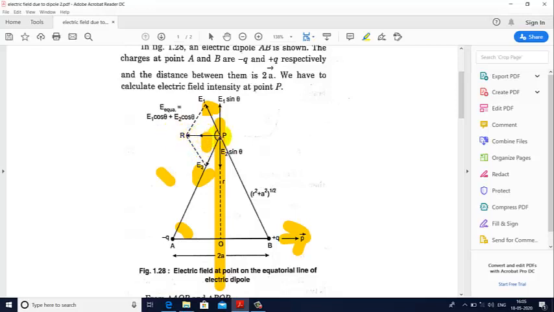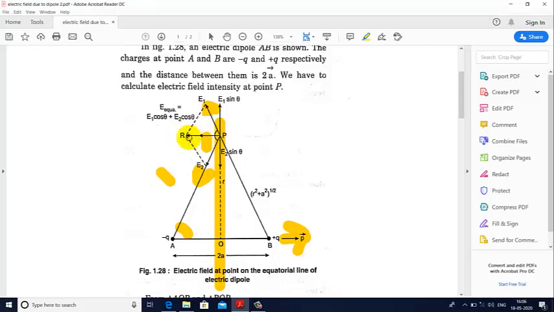This is a horizontal line at point P, and the vector E1 will make an angle theta with this line, and the vector E2 will also make an angle theta with this line. So the components of E1 and E2 in the vertical direction will be E1 sin theta and E2 sin theta, but the direction of E1 sin theta will be upward and the direction of E2 sin theta will be downwards.